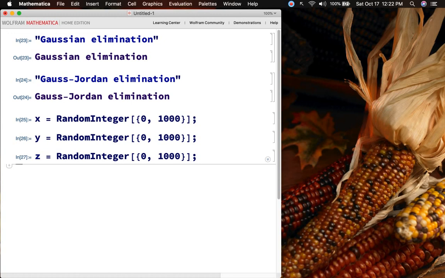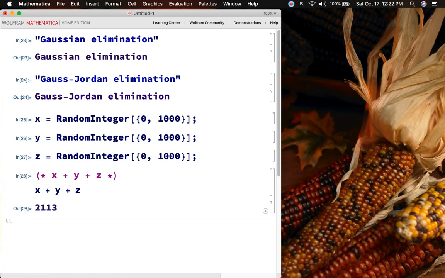Okay, now I'm going to make up some equations. How about x plus y plus z, Shift Enter. 2,113.